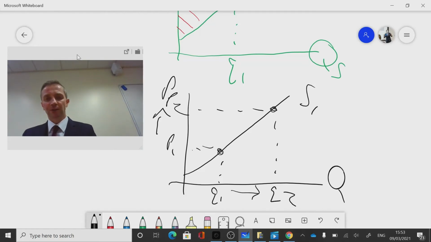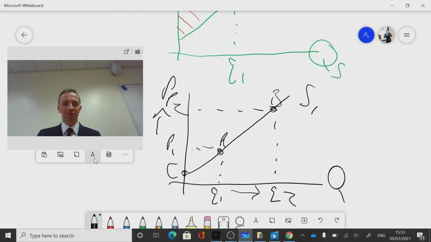So I'm just going to add 3 labels here, A, B, and C. Now, where you're asked in the exam to identify producer surplus, more than likely you'd be asked maybe to identify the change in the producer surplus. Said consumer surplus there.